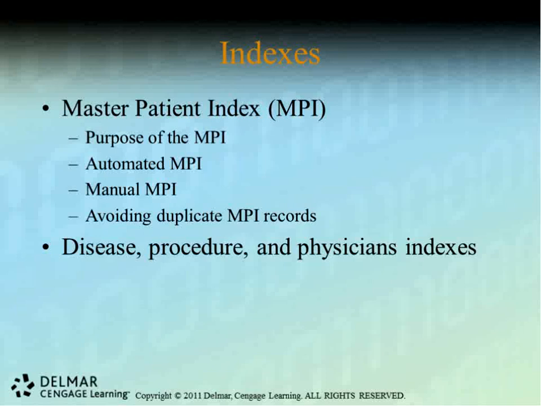You may have organizations that use consultants to help them analyze and evaluate their master patient index for these types of duplication errors and other issues and integrity concerns. Basically, they're going to analyze and evaluate their system to identify those issues.